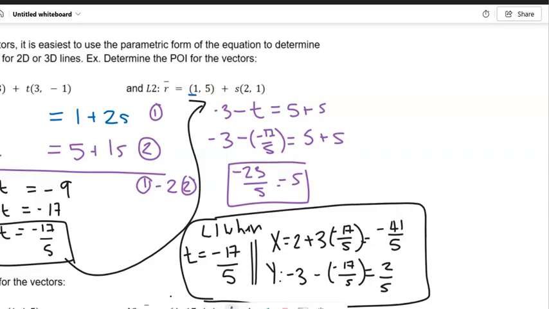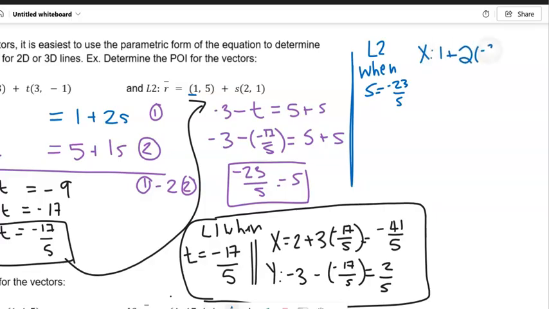And then I'm going to check line 2 when s is -23 over 5. So x in line 2 starts at 1 and goes to -23 over 5. And 1 plus -23 over 5 is -41 over 5, so that looks good.